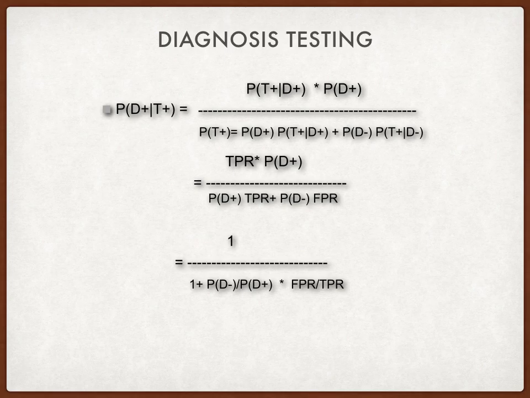P(D+ | T+), the probability that the condition exists given that the test is positive, is equal to the probability of the test being positive given the condition exists, multiplied by the probability of the condition existing, divided by, and in the denominator instead of P of test being positive we write this, which should be familiar, right?